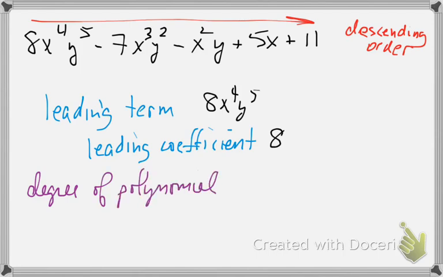The degree of the polynomial? It's 9. Right? Go ahead, toss it out there. You're not losing points now. There's plenty of time for you to lose points later. All right, so that's what a polynomial is and what it's made up of.